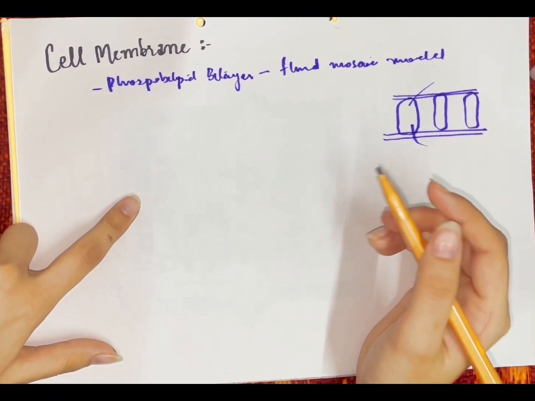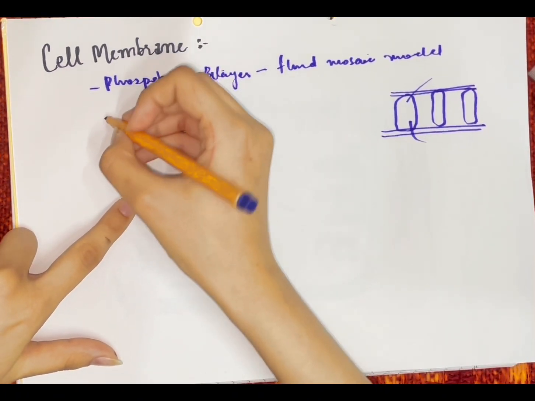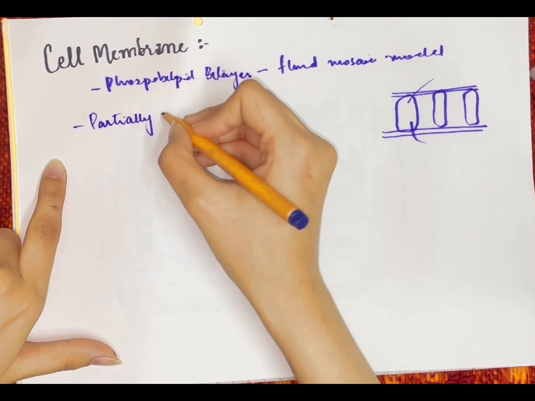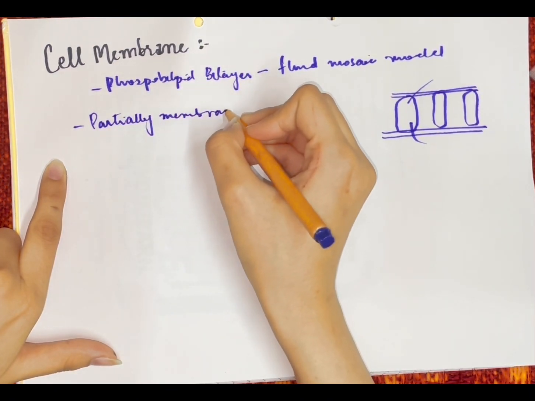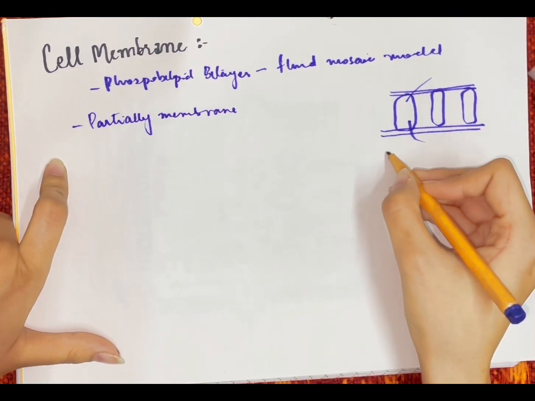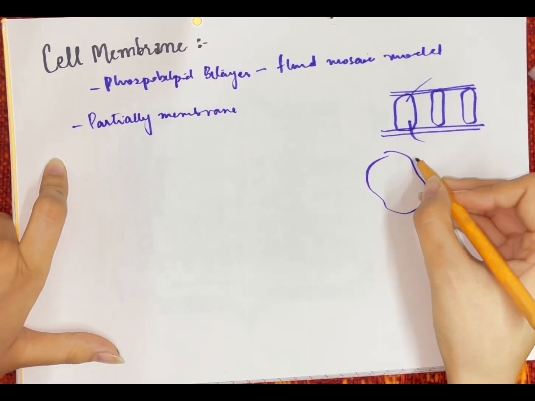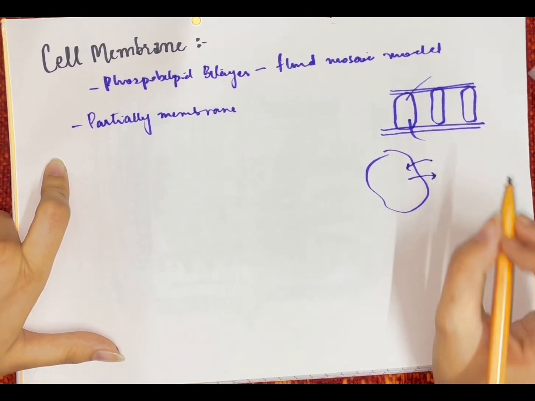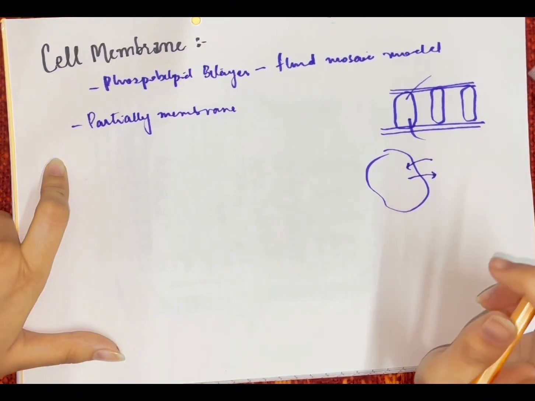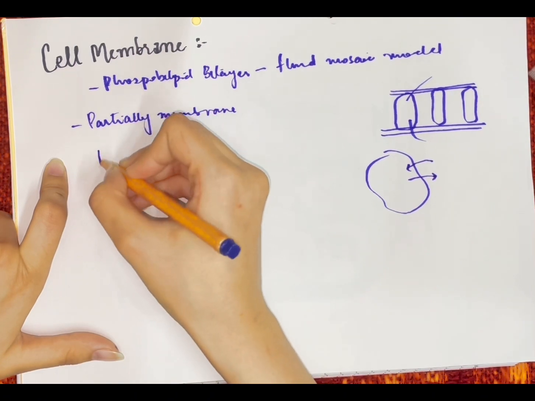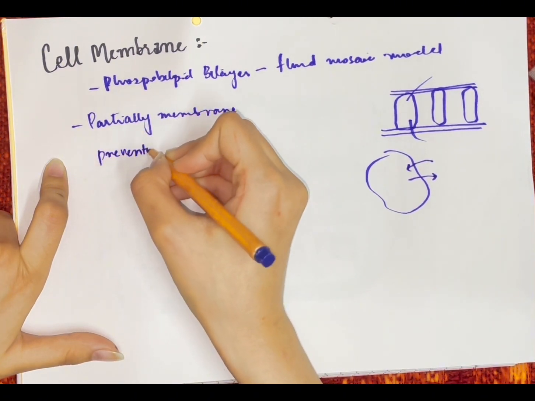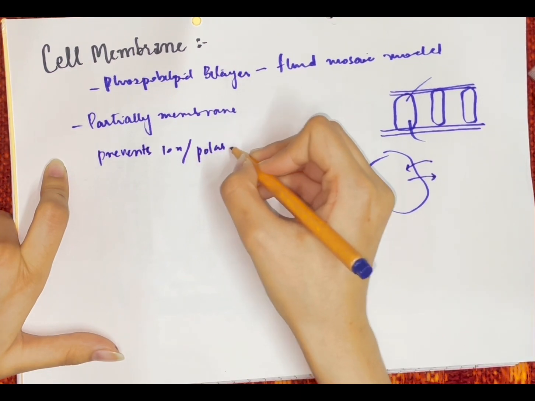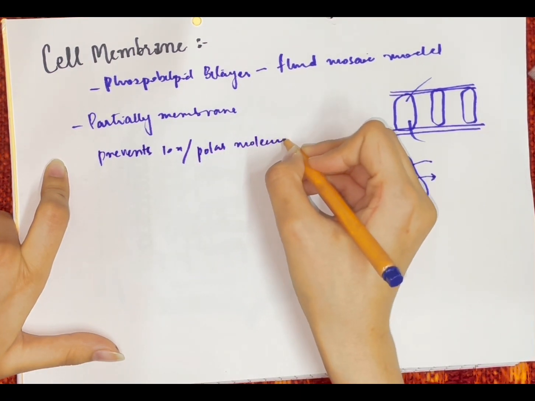Another very important point of a cell membrane is that it is partially permeable. What is meant by partially permeable? Partially permeable means that it does not allow all substances to pass in or out of the cell. It only allows some substances but prevents ions and polar molecules from entering into the cell.